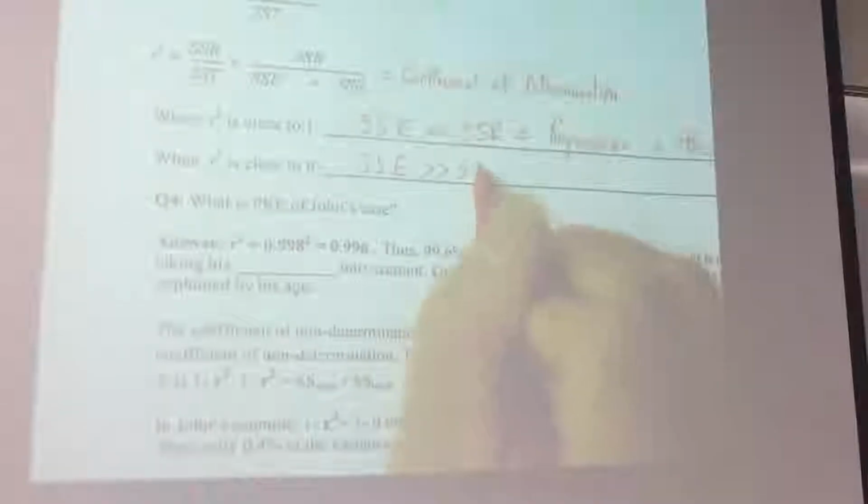Now, if R squared is close to 0, that means SSE is much, much bigger than SSR. SSE is prediction error, right? This is the variation in Y that is not explained by the regression model. That's why you see prediction error. SSR can be explained by the regression model. When what cannot be explained by the regression model dominates the part that can be explained, what can you say about the regression model? You say regression is useless.